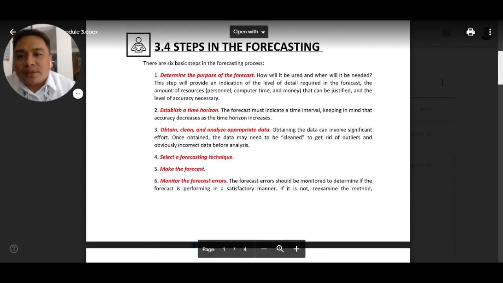So this step will provide an indication of the level of detail required in the forecast, the amount of resources, personnel, computer time and money that can be justified, and the level of accuracy which is very necessary. So kailan natin gagamitin ito?